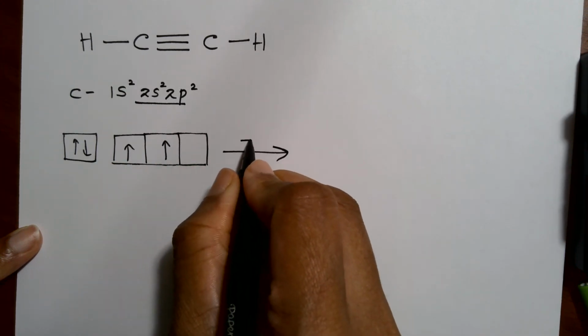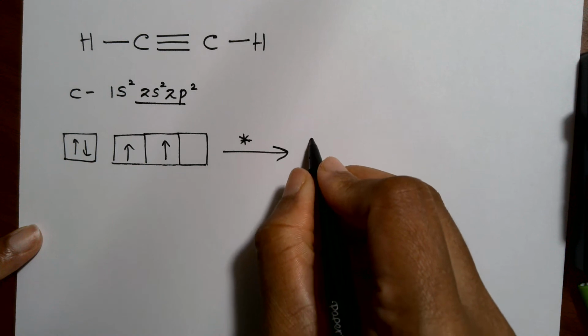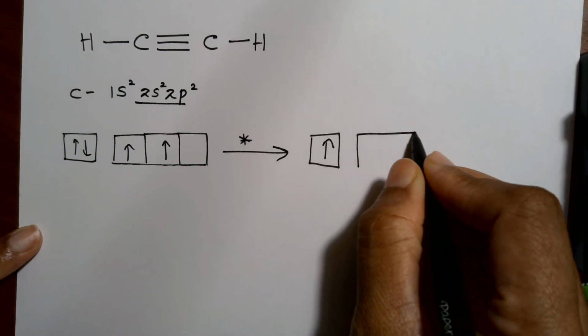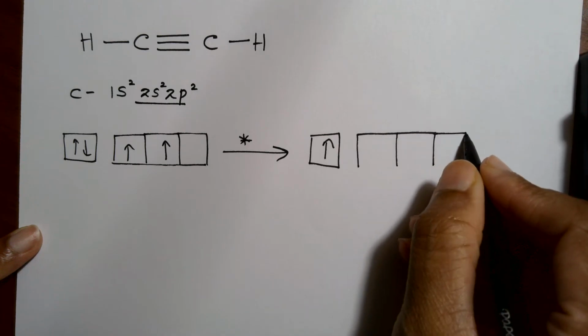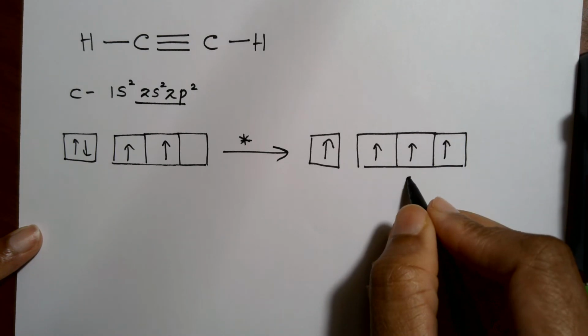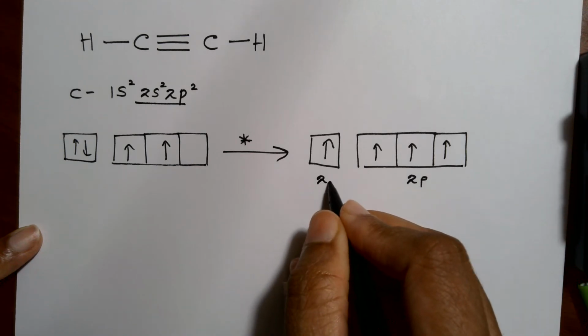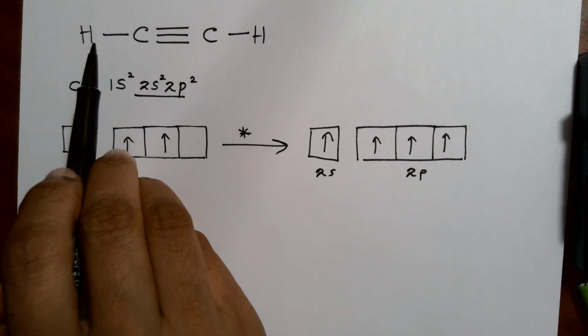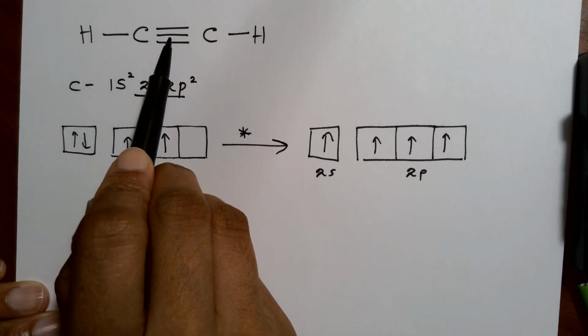Now the next step is electron promotion. Let's promote one of the 2s electrons to the 2p. This is 2p and 2s after the promotion step. Now we need to make only 2 bonds on each carbon.